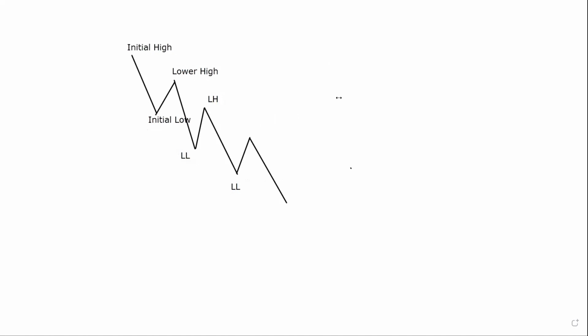So the characteristics of a downtrend. Tell me, what are the characteristics of a downtrend? Number one, we have a series of lower highs and lower lows.